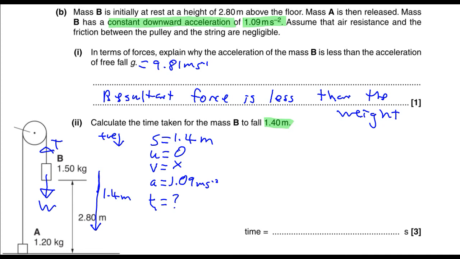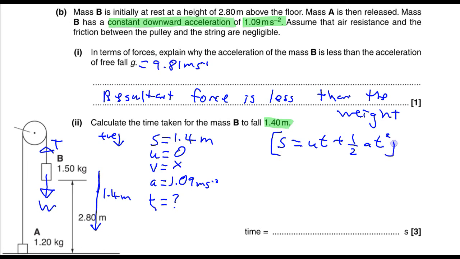So now we need to decide which equation we should use. Since we don't know V, we should not pick one which involves V. And we are trying to find T, so our equation needs to have T involved.